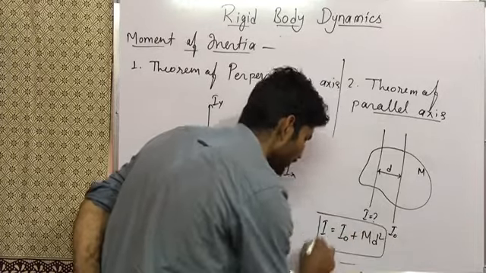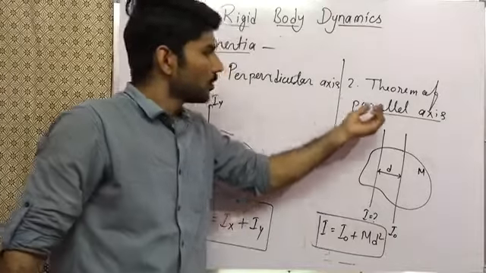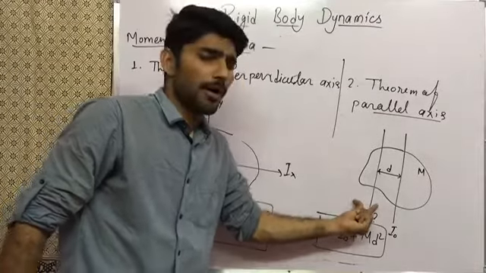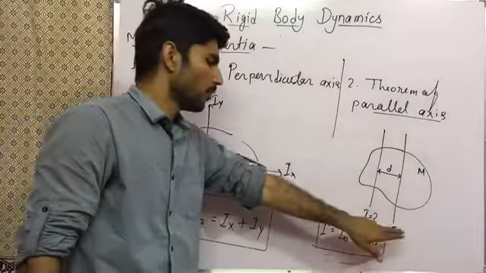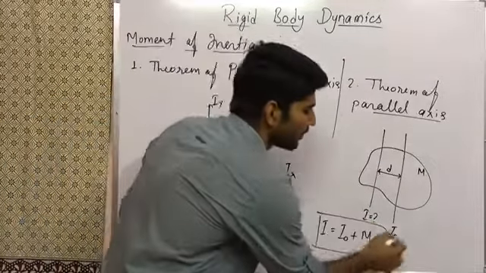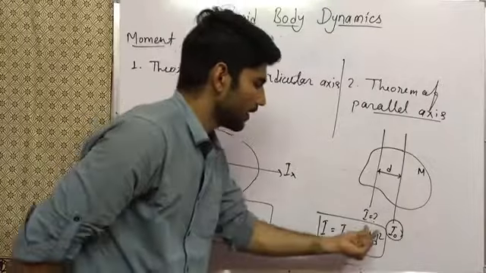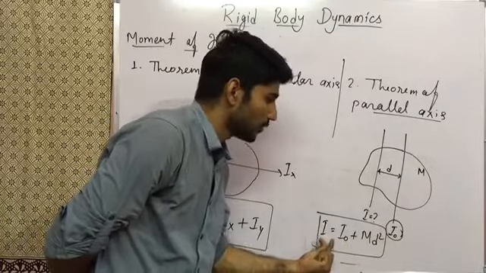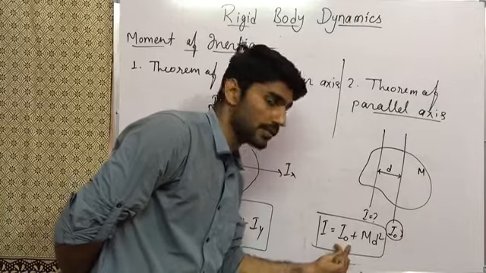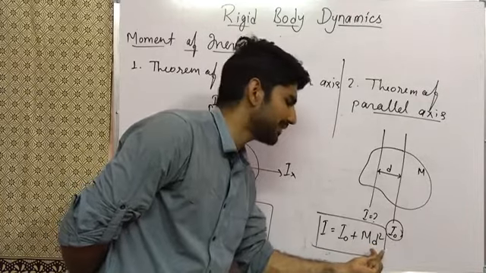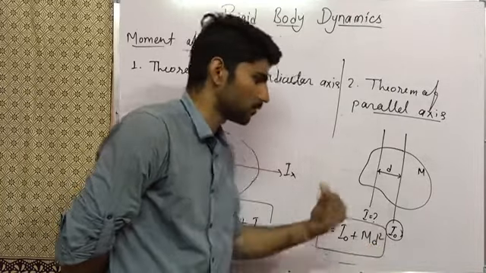This is the formula we use when we know the moment of inertia about the first axis: we add M times the square of the distance between the two parallel axes.